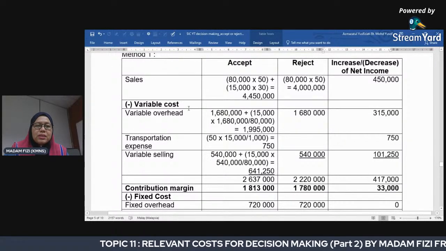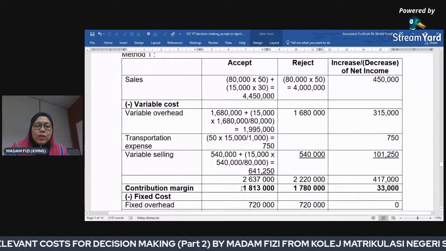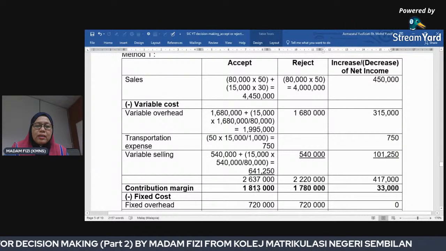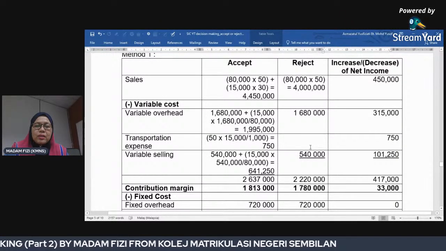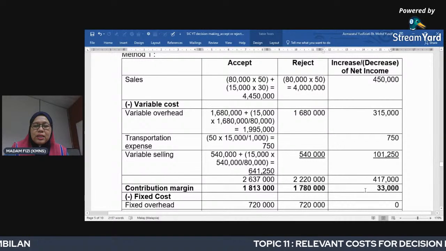Now you calculate the contribution margin. For accept, sales minus the total variable cost is 1,813,000. While if you reject, the contribution margin is 1,780,000. So the difference is 33,000.